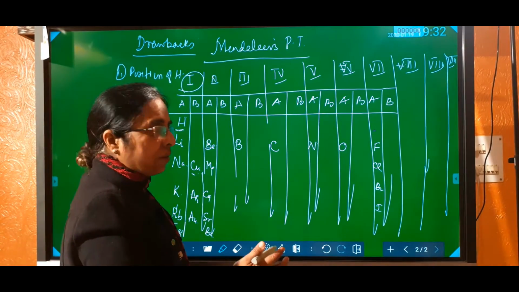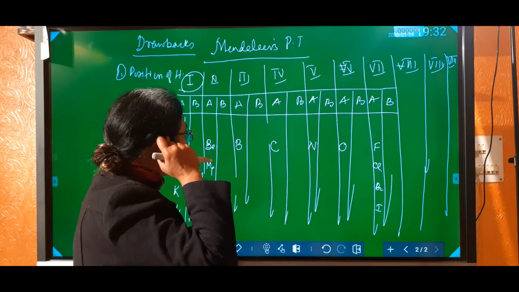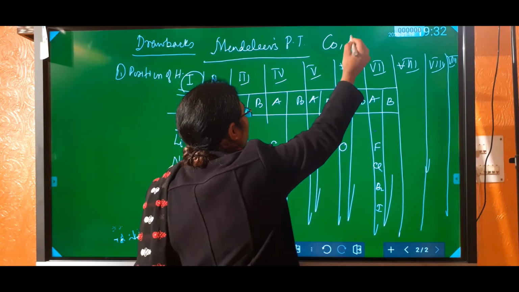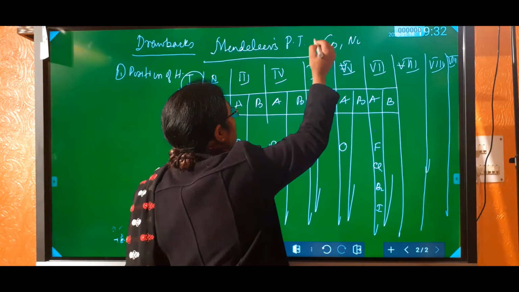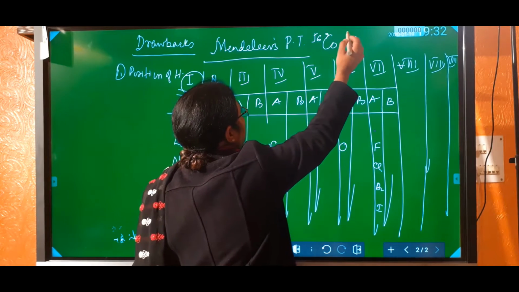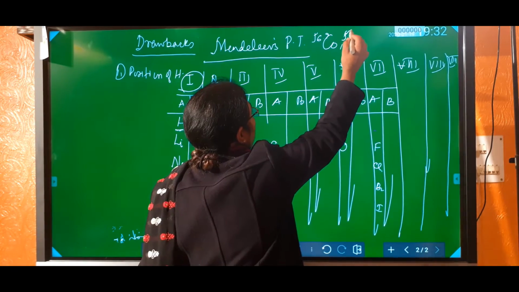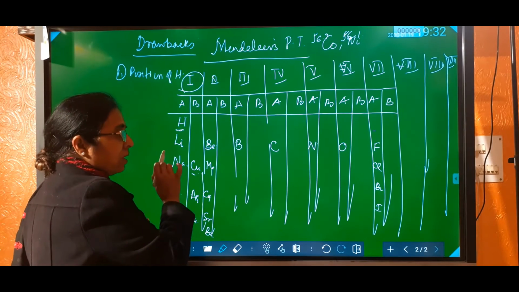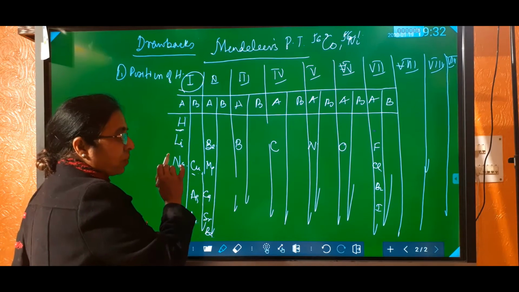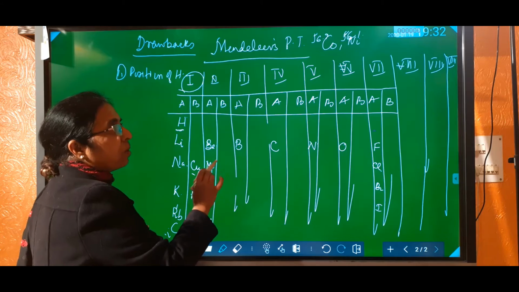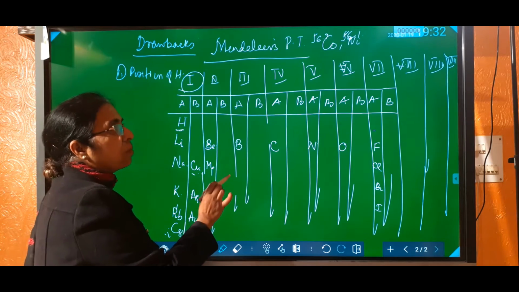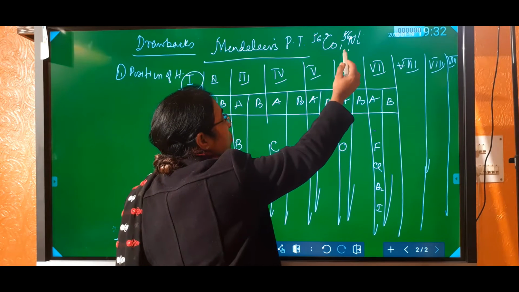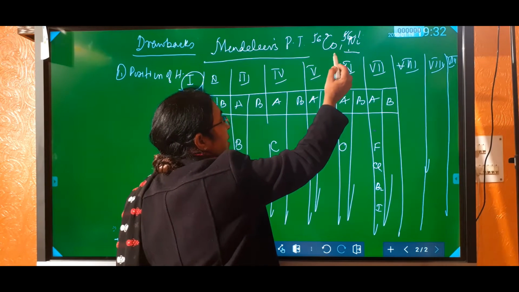Now, as I have given you the example, cobalt and nickel: this is 56.9 and this is 56.1. If he is giving a law that the properties of elements are a periodic function of their atomic masses, then over here you can see the atomic mass of nickel is less than that of cobalt.